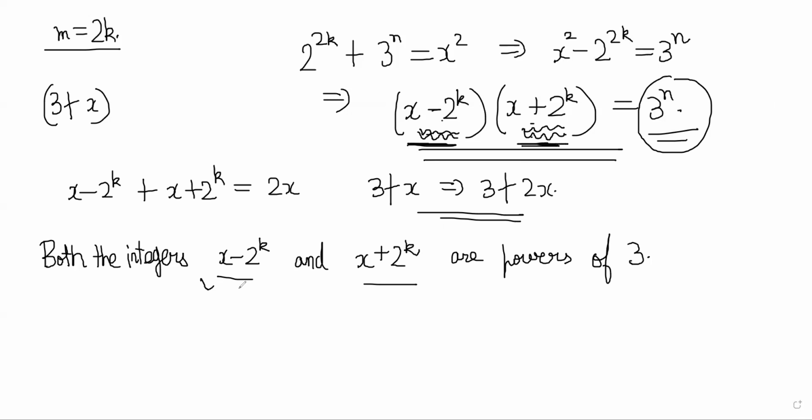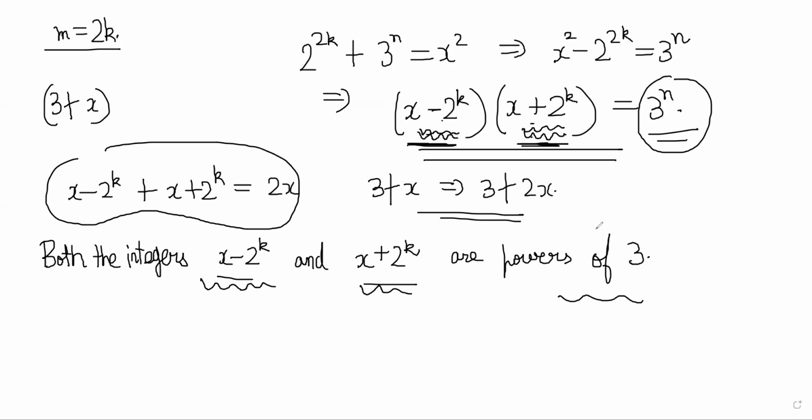So both these integers are powers of 3, but the sum of these integers is not divisible by 3. How is that possible? It is not possible if you have 3 power 1 and 3 power n minus 1 and stuff like that. It's not possible if this number is divisible by 3 and this number is also divisible by 3, then the combination should be divisible by 3, right?